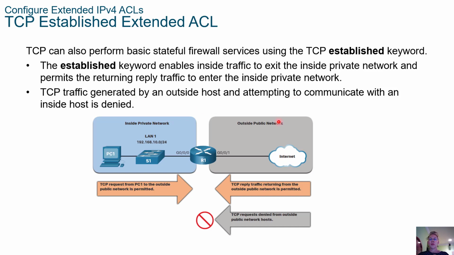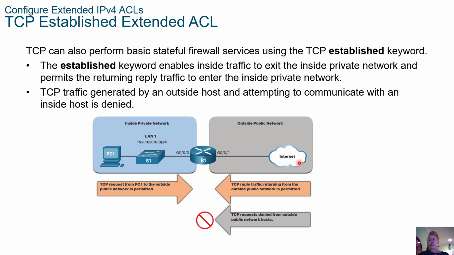So what we need to do is make sure that whatever is generated from inside the network going out, we allow traffic to come back and have that reply answer. That is what using the established command will do. Essentially, it's saying, hey, if I've already established this TCP connection in order to request and get information from the outside world, let the outside world respond to me.